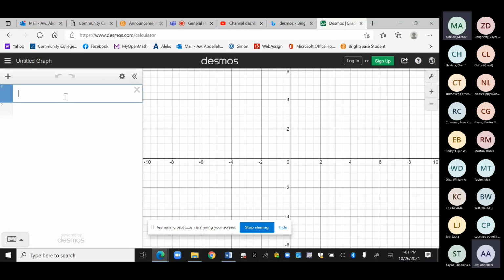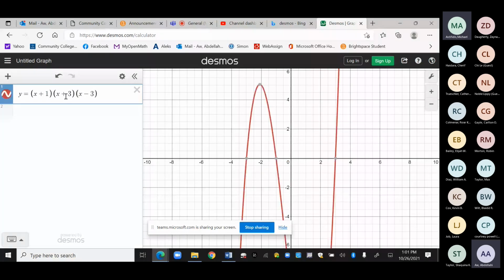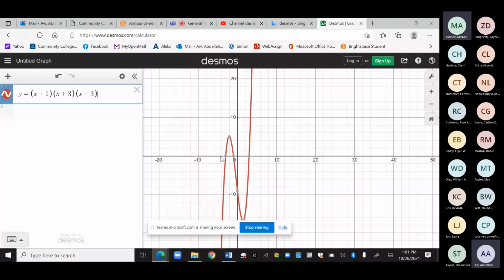So if I say y equals x plus 1 times x plus 3 times x minus 3. Do you see that? If I zoom out, do you see? Everybody see that? Does it look like the shape we have? Yes, it does look like the shape.